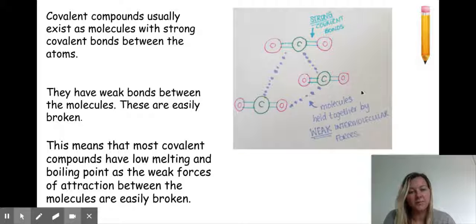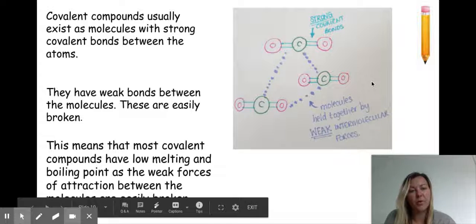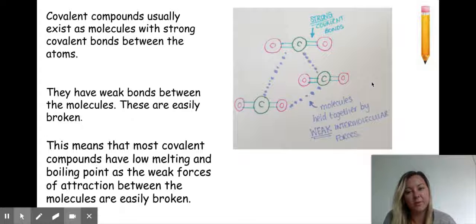Now, when we melt or boil a substance, it is not the bonds on the inside that are breaking. It is these bonds between the molecules, in other words, the intermolecular forces. So if these are very, very weak, then not very much energy is required to melt or boil these covalent molecules.